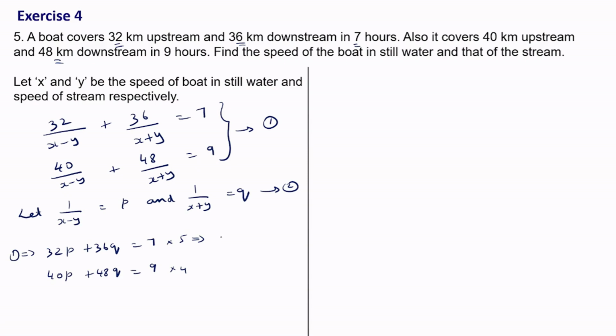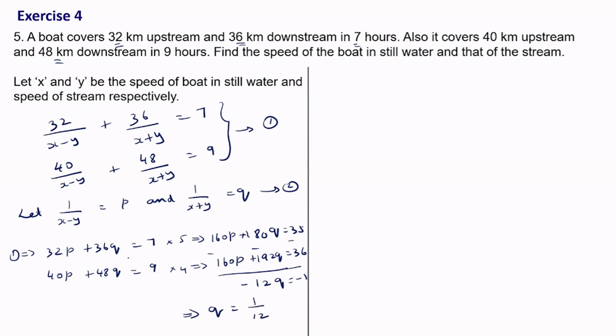So here we get 160p plus 180q equal to 35 and here 160p plus 192q equal to 36. So if we subtract, we get negative 12q equal to negative 1. So from this we get q is equal to 1 by 12.